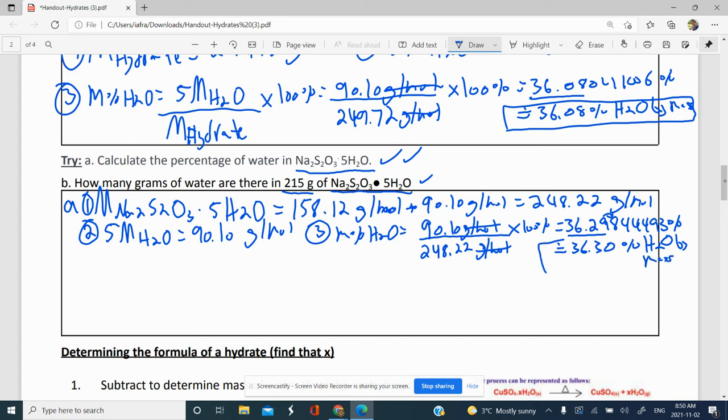So that is our mass percent of water specifically in the compound.